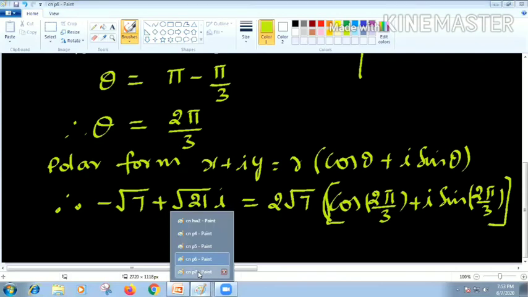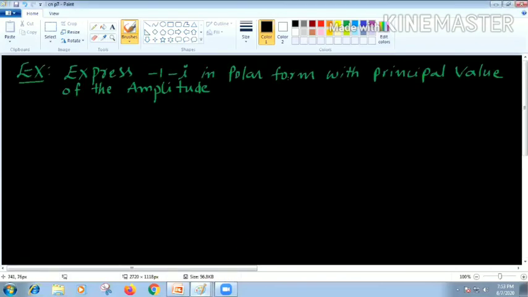Now let us consider one more problem. Express minus 1 minus i in polar form with the principal value of the amplitude. So it is almost similar to the previous one. Now let us consider the given complex number in the standard form and write the values.